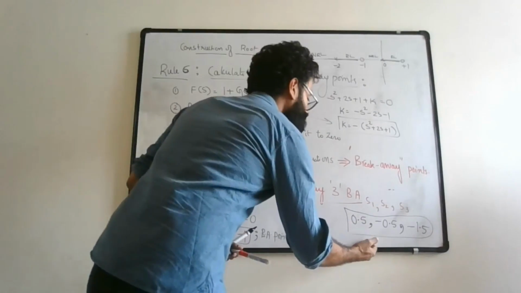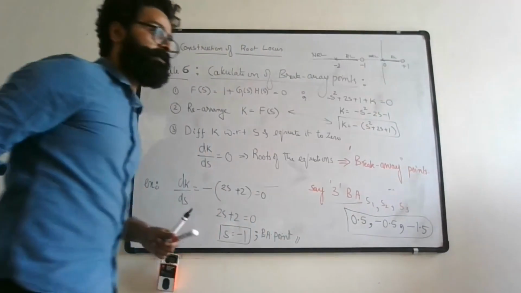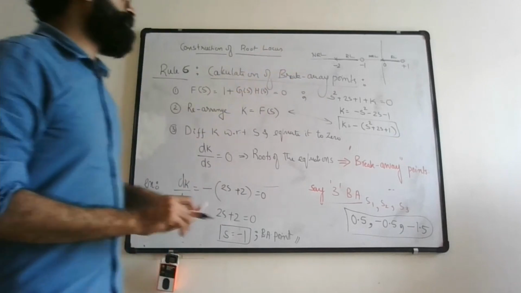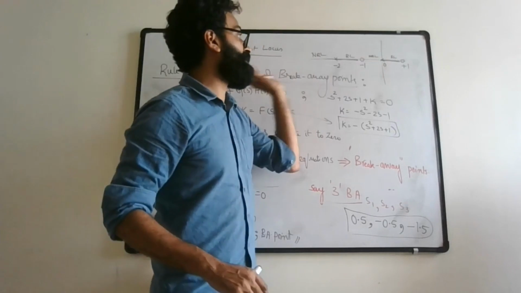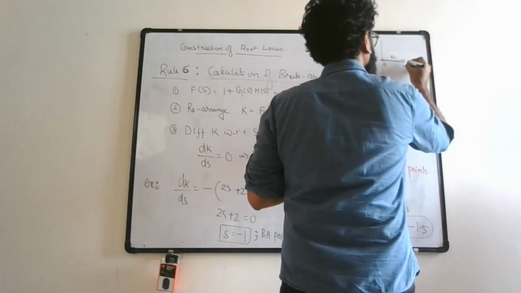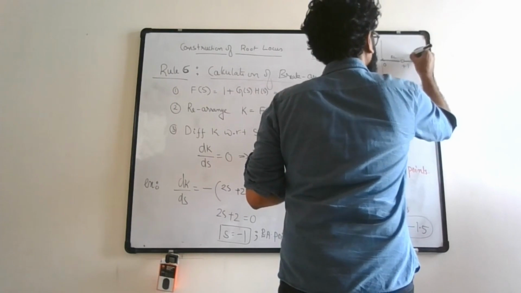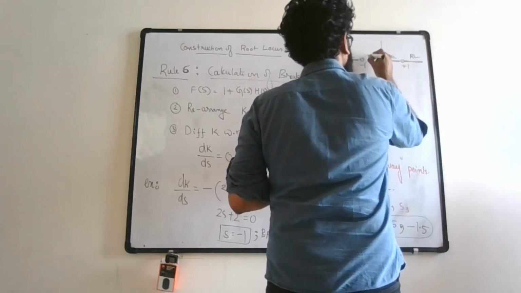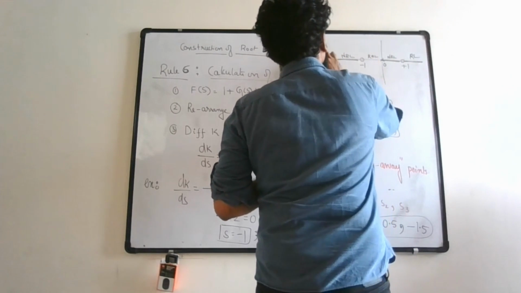You can simply place these breakaway points in your pole-zero plot. For example, I have taken a sample pole-zero plot here in which I have marked alternate sections: this is NRL, this is RL, NRL, and this is RL.